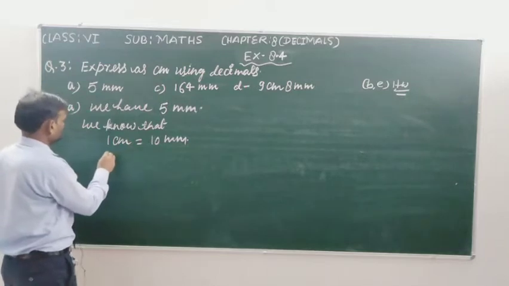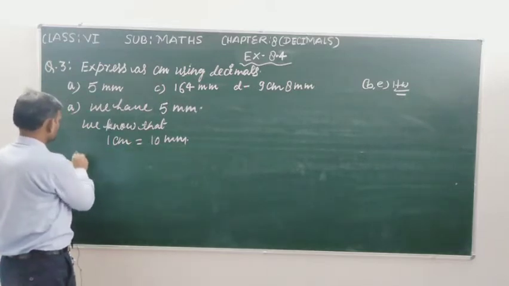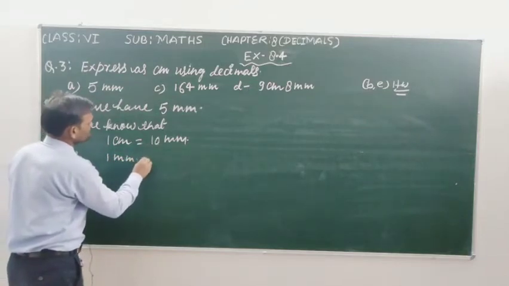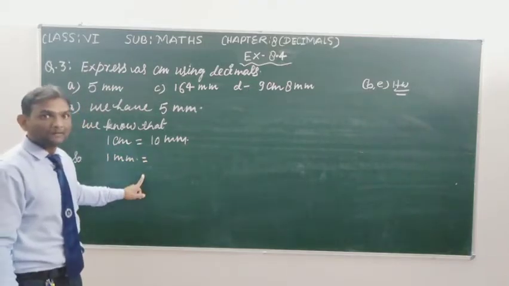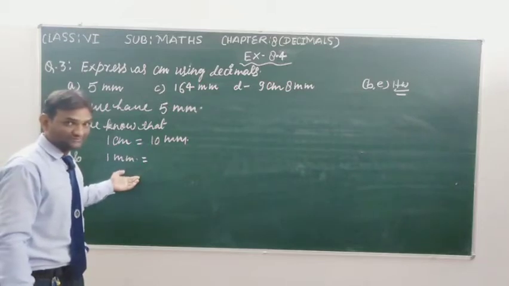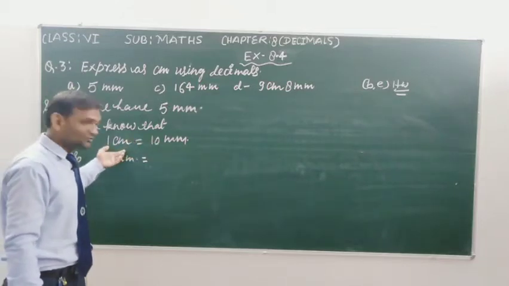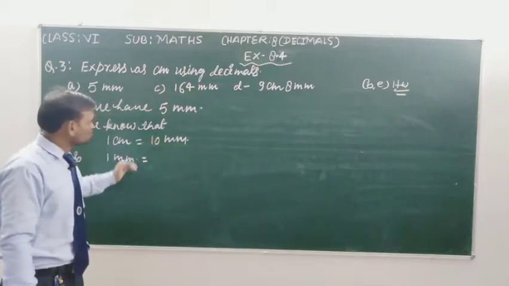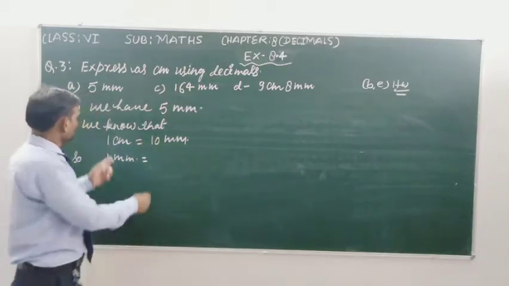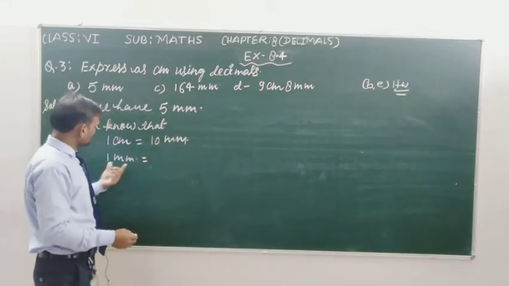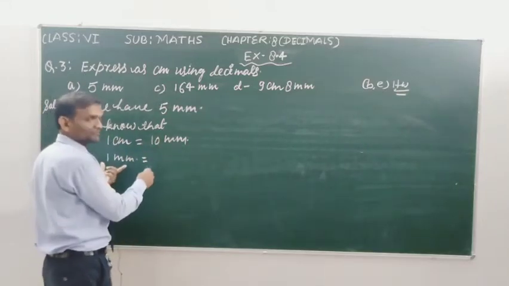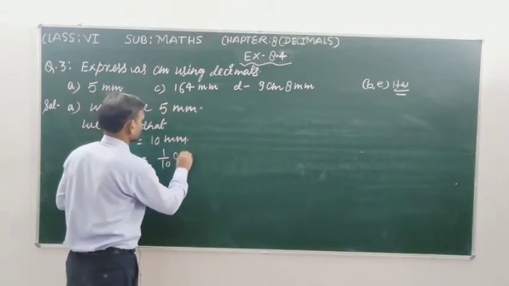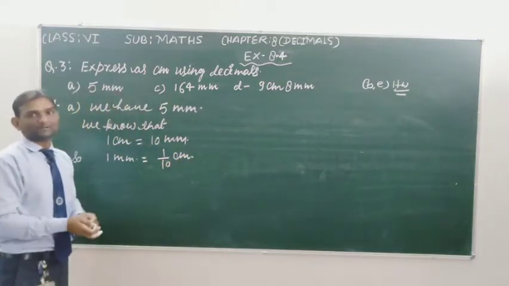So 1 millimeter is equal to, I am writing opposite. I am taking the scale opposite, so we write the value opposite. 1 centimeter is 10 millimeter, so 1 millimeter is equal to 1 upon 10 centimeter.